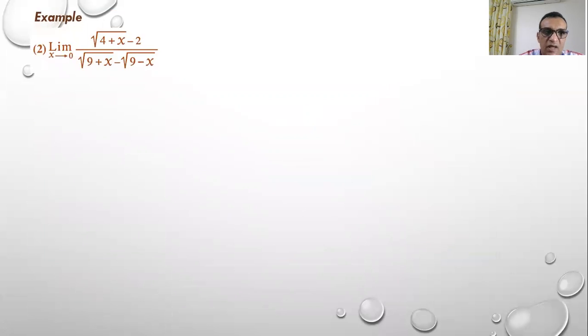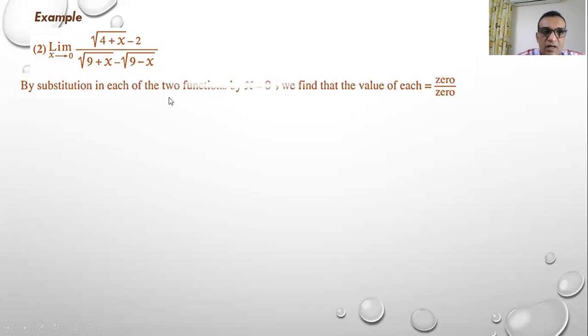Example. Find the limit of the square root 4 plus x minus 2 over the square root 9 plus x minus the square root 9 minus x. By substituting in each of the two functions x equals 0, we get the value of each equals 0 over 0, an unspecified quantity.